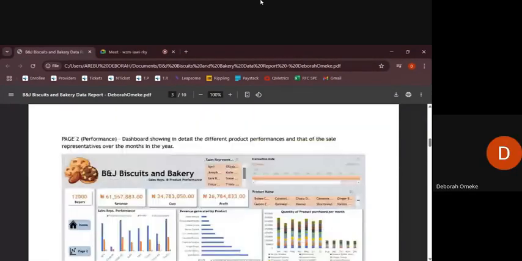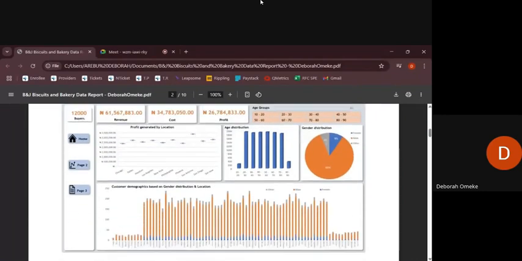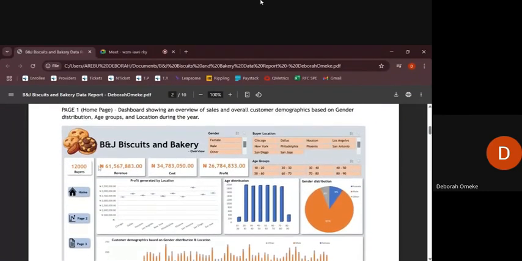we have 2 pages of that dashboard. I used Excel to do this analysis, and using pivot charts and pivot tables, we were able to arrive at this dashboard. So first things first, we had 12,000 buyers in 2024 who bought biscuits, and the revenue for the year was 61,567,883 kobo.